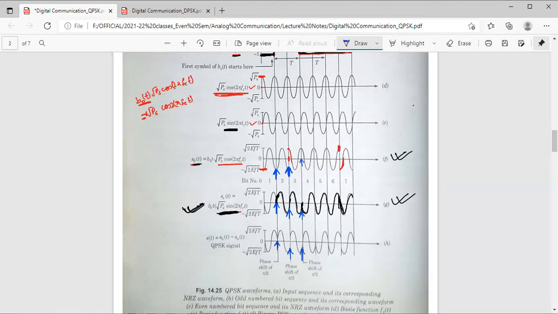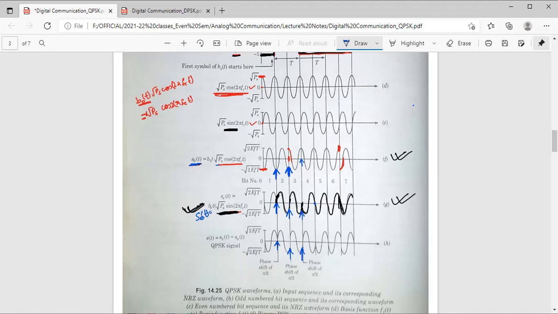Similarly, after that, at this point, so there is a phase change at different points based upon the values we have got at s_o(t) and s_e(t).